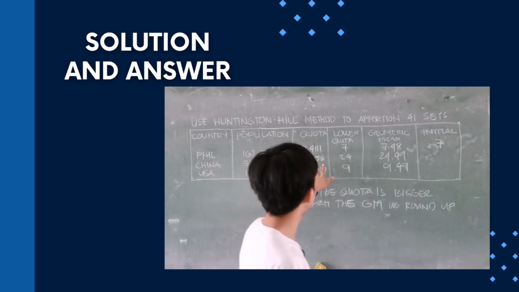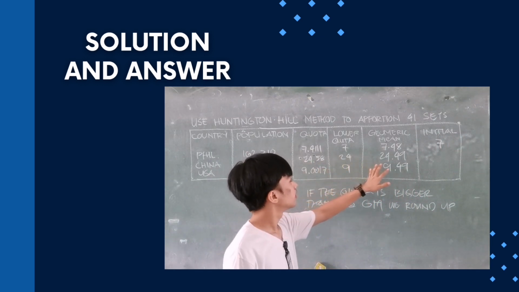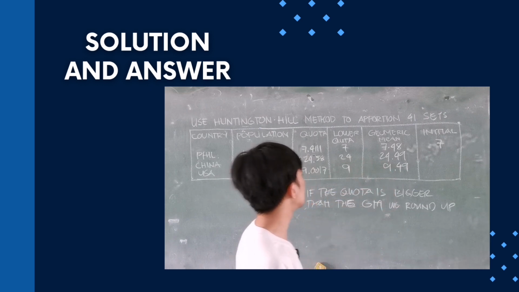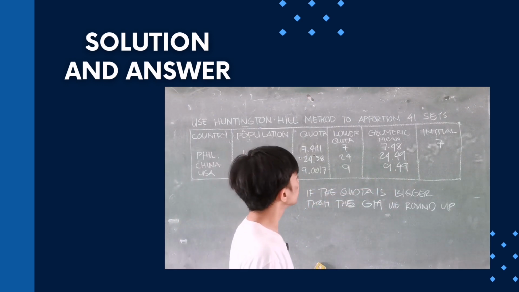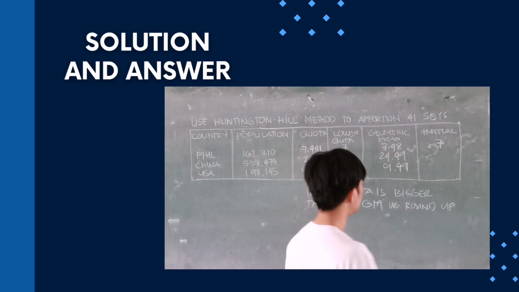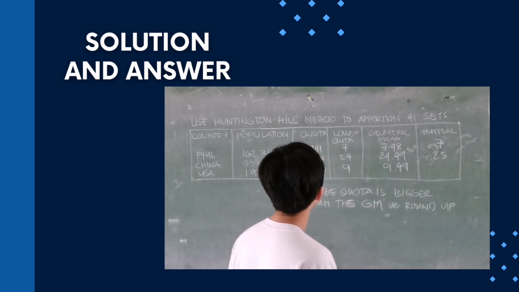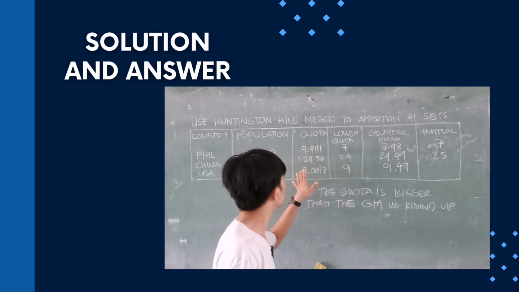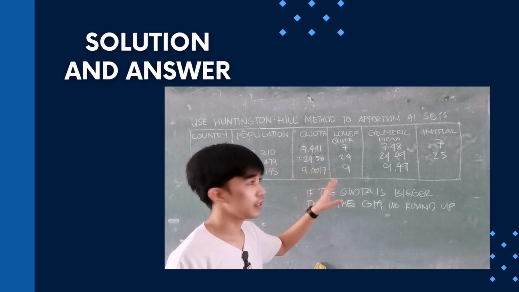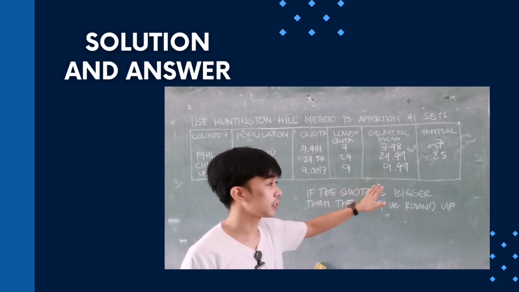And for this one, 24.58, and the geometric mean is 24.49. So we can round up. And for 9, the quota is 9.001, and the geometric mean is 9.49.